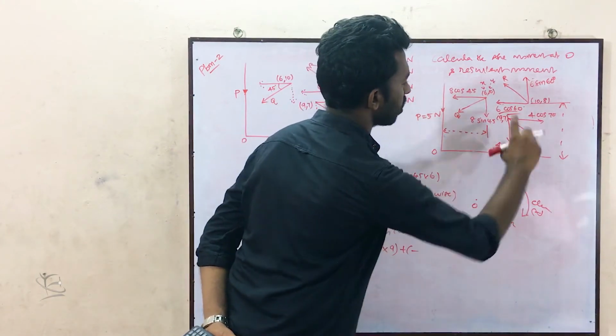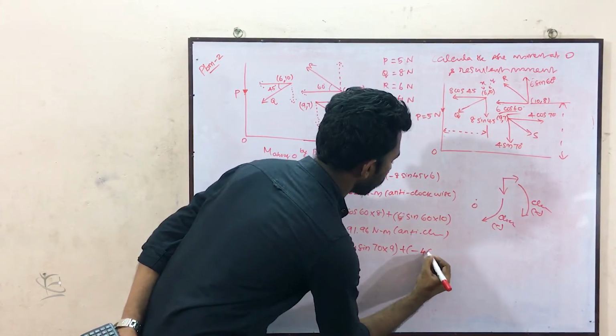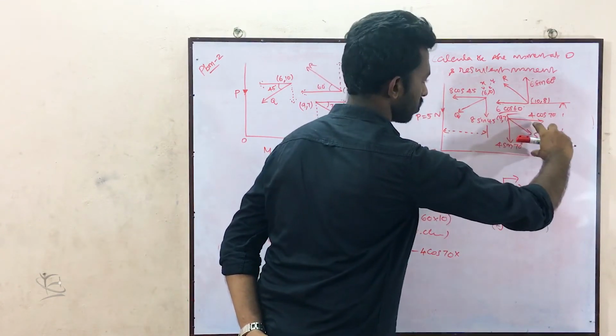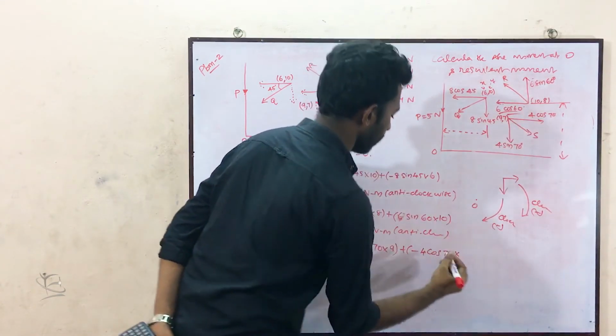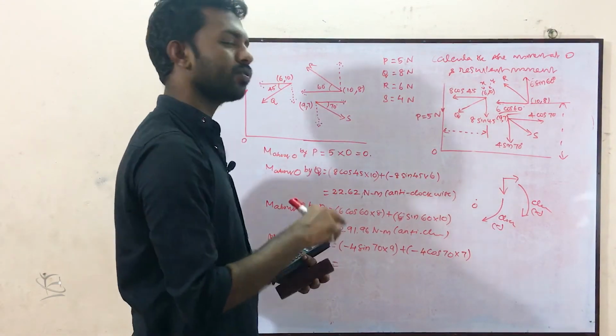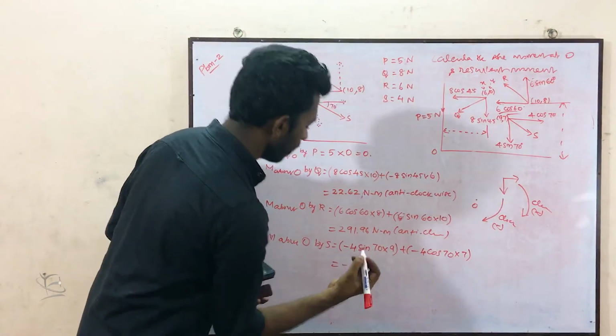Next, this is also clockwise: minus 4 cos 70, this is the horizontal force, into the vertical distance, which is 7. Both are clockwise, so surely we can say this is negative.